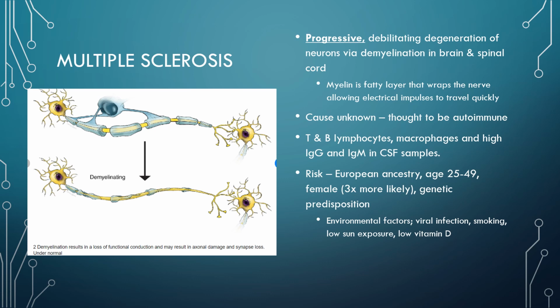Recent viral infections, Epstein-Barr virus is one in particular that kicks off different autoimmune diseases, and certainly is one of those viruses that we worry about having MS risk. Smoking, low sun exposure, and low vitamin D are other environmental factors that are found with this disease.